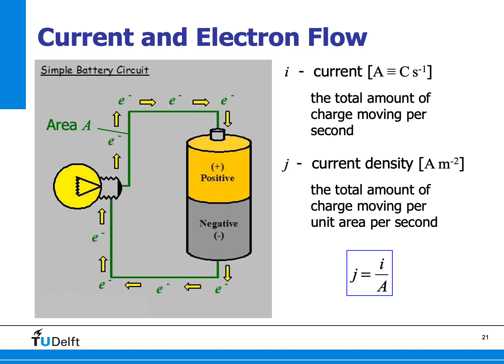Then there is the current density indicated by J, and that's nothing else than the total amount of charge moving per unit area per second. So it has amps per square meter as units. You can see that in the formula as well: the current density is equal to the current divided by the cross-sectional area through which the current is flowing.